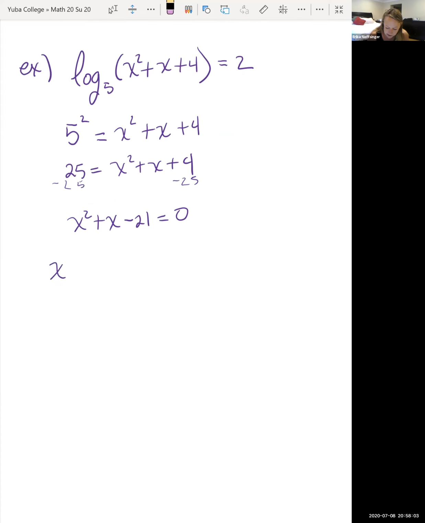So x is equal to negative b, so negative 1, plus or minus the square root of b squared, 1 squared is 1, minus 4 times a, which is 1, times c, which is negative 21, all over 2 times a, which is 1.